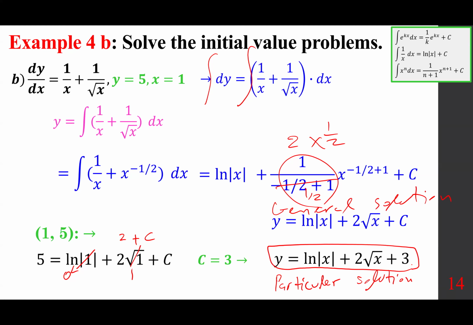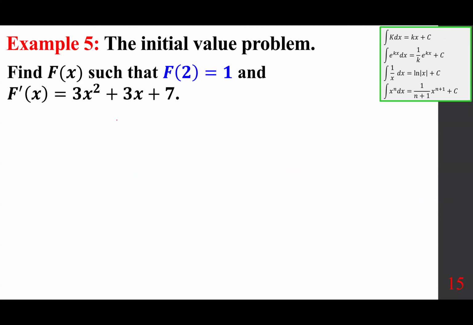So the effect of one pair is to go from a family of functions to one function. Let's do another one. We want to find capital F of x where f of 2 is given as 1 and capital F prime is 3x squared plus 3x plus 7. So please understand capital F prime, that means dF/dx.